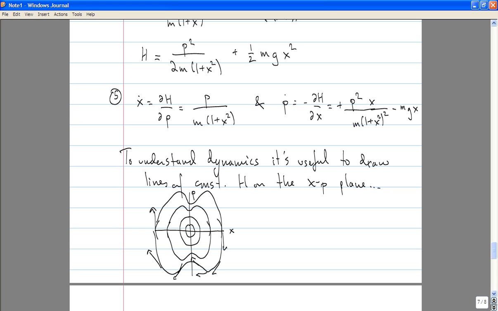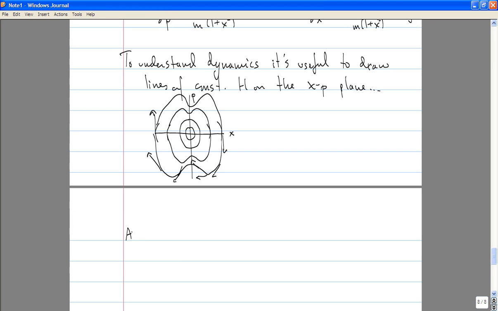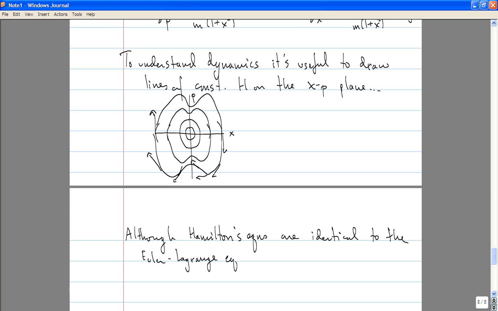But I should probably make one comment, which is that although Hamilton's equations are identical to the Euler-Lagrange equations, they are not particularly useful for writing down equations of motion explicitly.